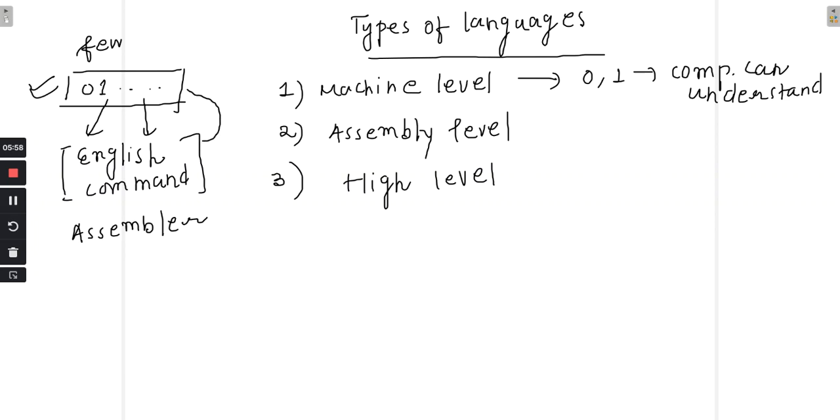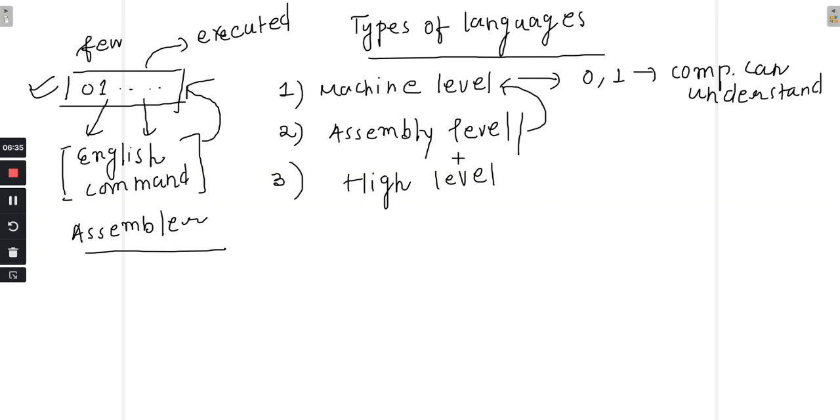This entire thing will be converted with the help of an assembler, and this sequence of zeros and ones that corresponds to a task will be executed by the CPU. So this language is closer to machine language, okay? Since there are very few commands that are of English type, very easily and very fast, I can convert these English commands to machine language and execute them.